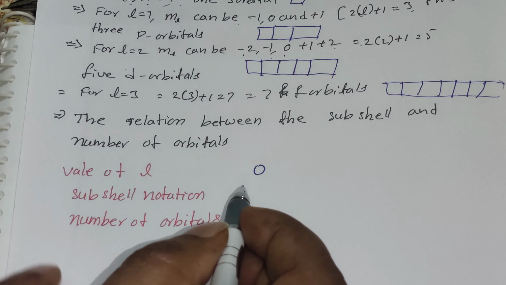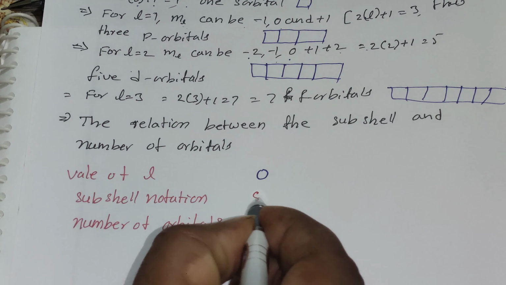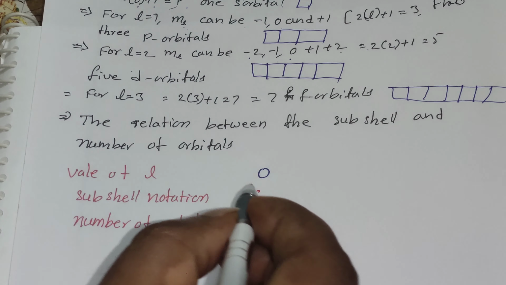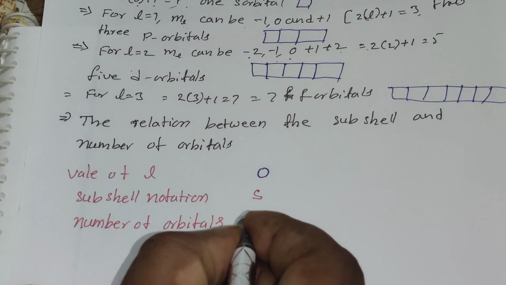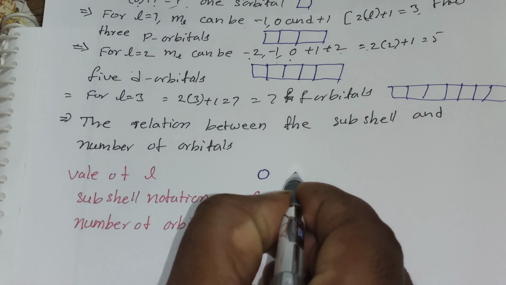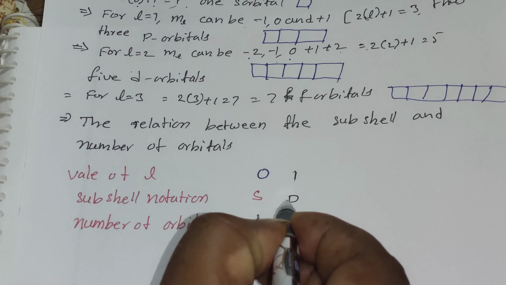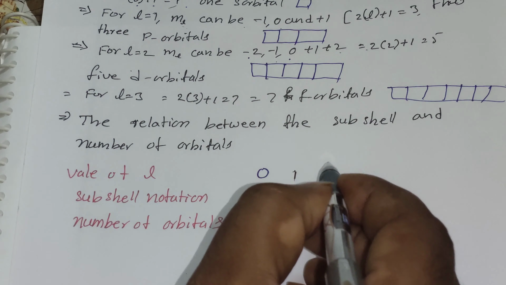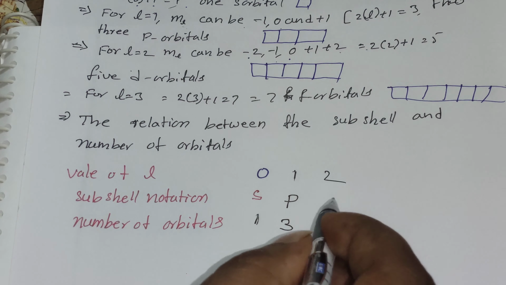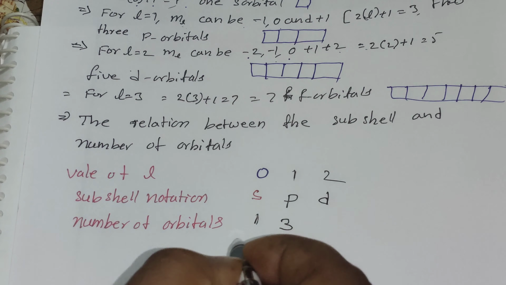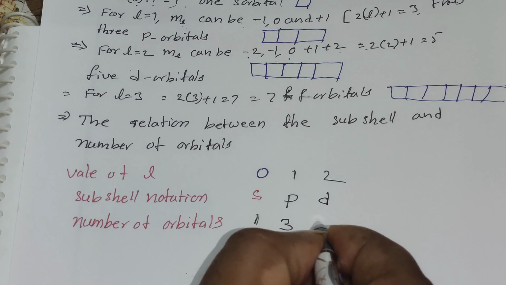L value equal to 1 is the p subshell, and the number of orbitals in the p subshell is 3. L value equal to 2 is the d subshell. The number of orbitals in the d subshell is 5.